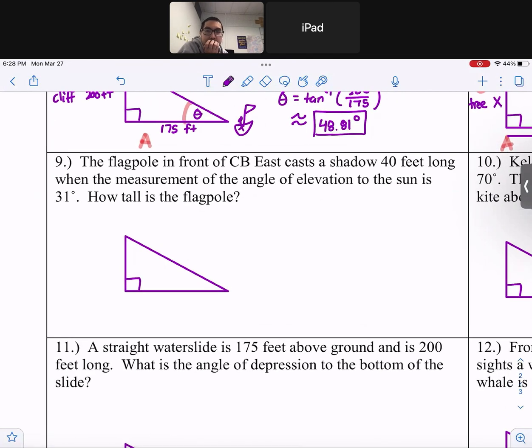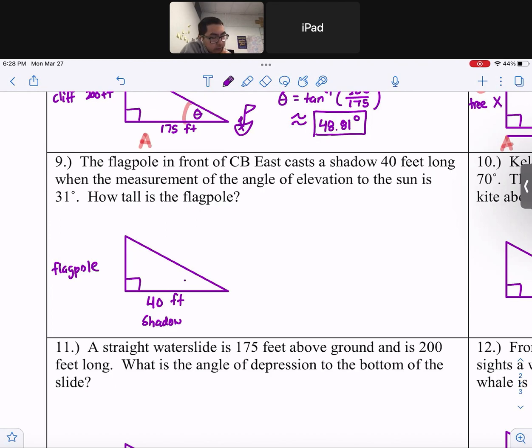Okay, number 9. The flagpole in front of CB East casts a shadow that is 40 feet long. Okay, shadow on the ground, 40 feet long. Here's the flagpole that casts that shadow, when the measurement of the angle of elevation to the sun is 31 degrees.